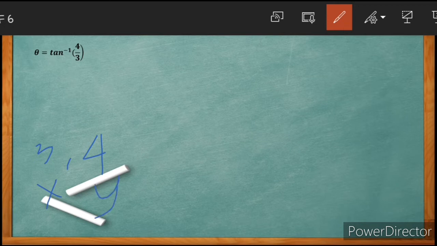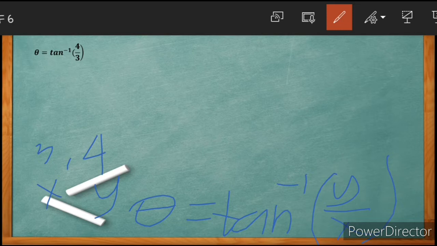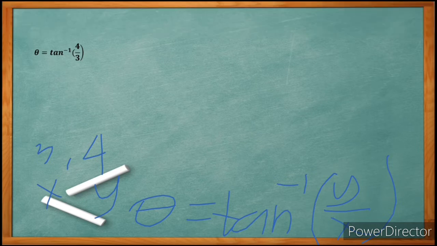So to get the angle theta, we have the formula theta is equal to inverse tan of y over x. So our y is 4, so it is 4 over 3. Plug that into the calculator, and we get for theta 53.13 degrees.